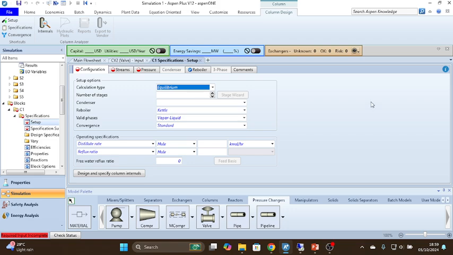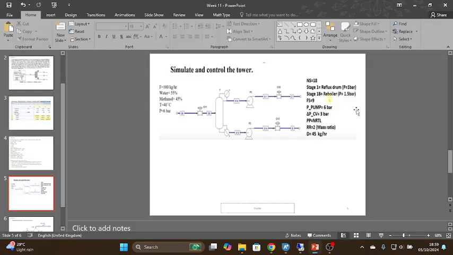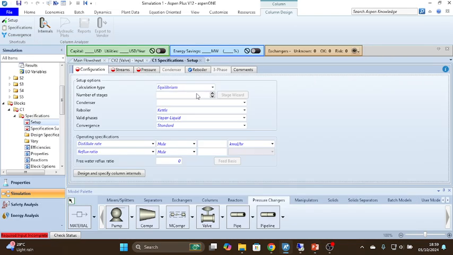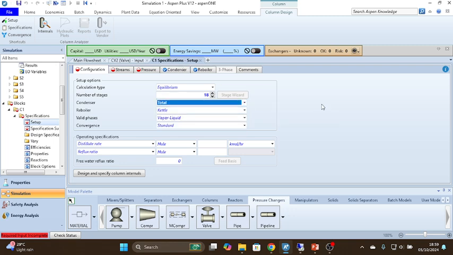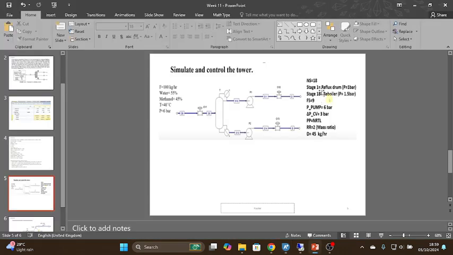So we are coming to the column specifications first. The total stages is 18. The condenser is a total condenser, and it is given that the distillate flow rate is 45 kg per hour and the reflux ratio is 2.